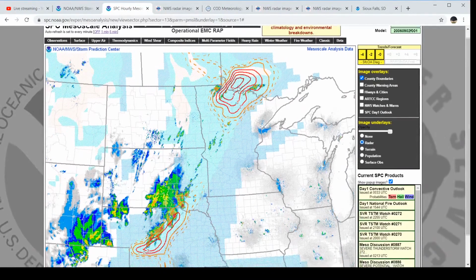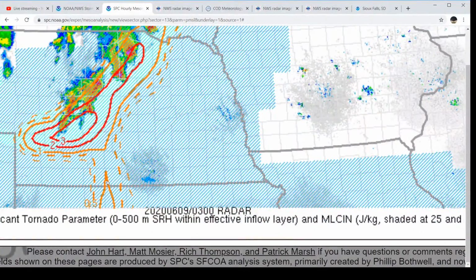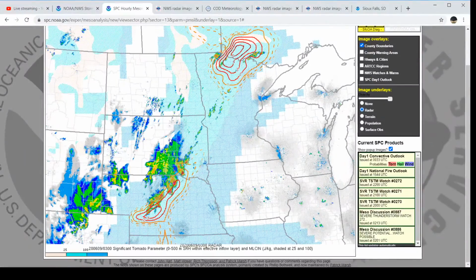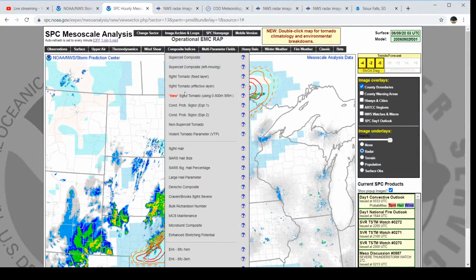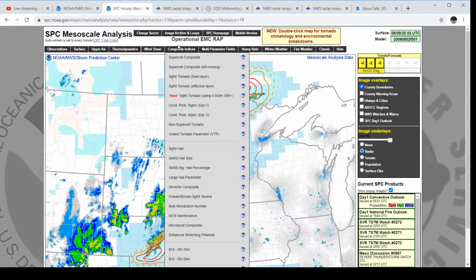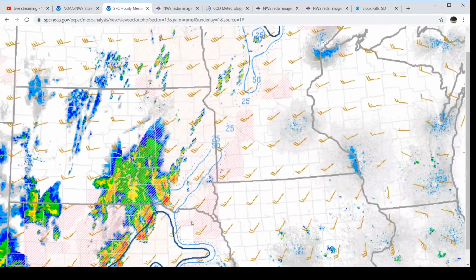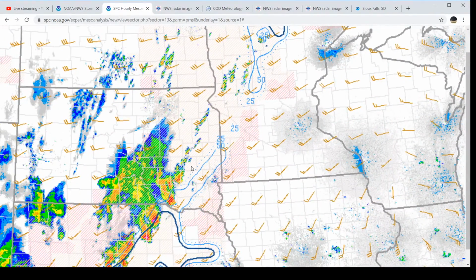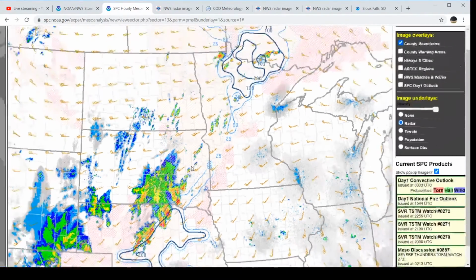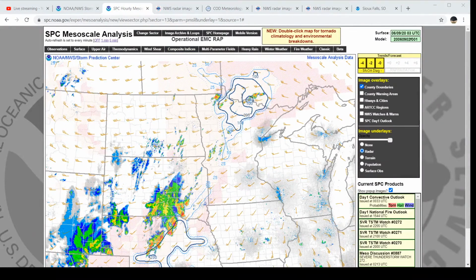Also, this northern storm has a 0.5 chance of a tornado. I missed the little dash. That's using, but man, there is very little 0 to 500 meter SRH. In case y'all are wondering, this is a new thing that Vortex 2 has been working on.